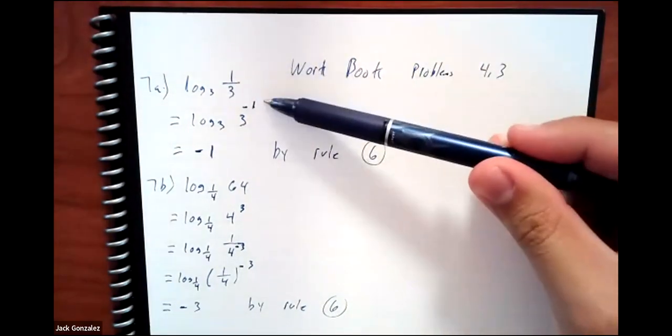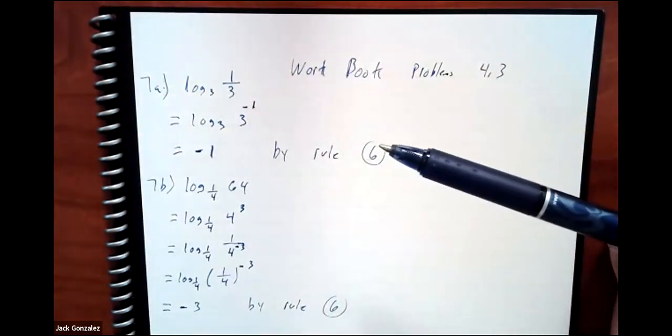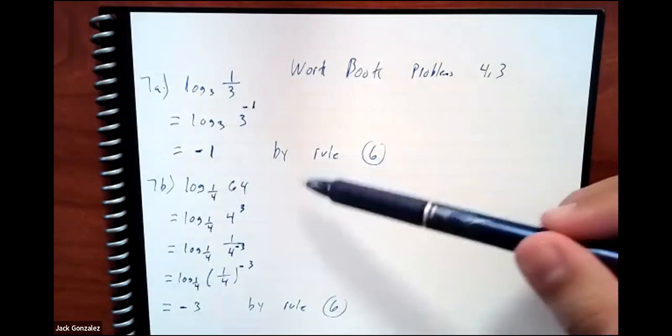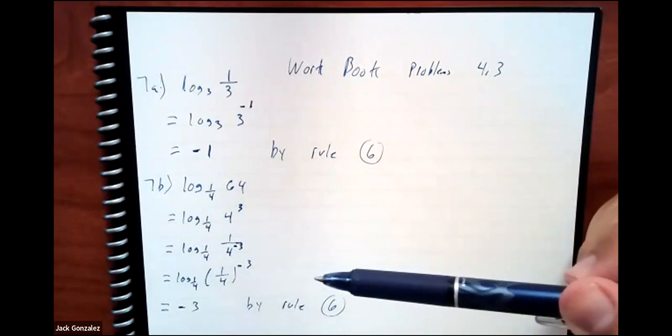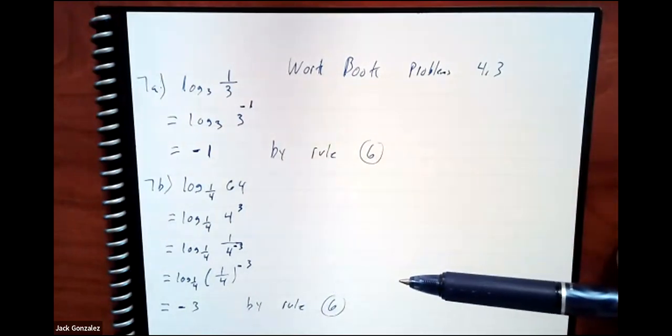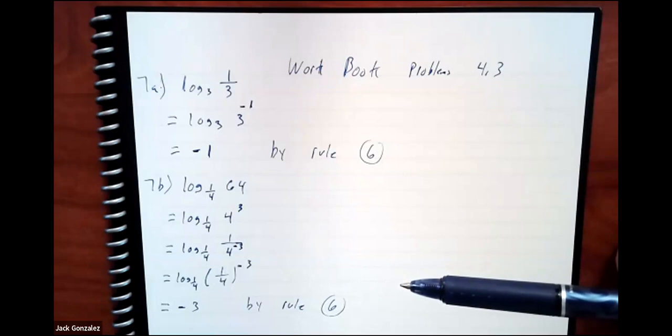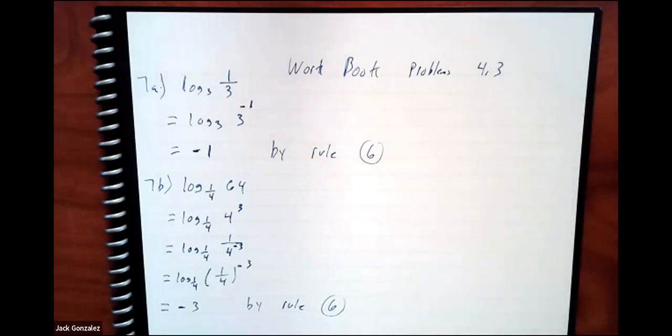I moved it up, became a -1. This one, I moved it down. So basically manipulating it until you can apply rule 6. That's all.